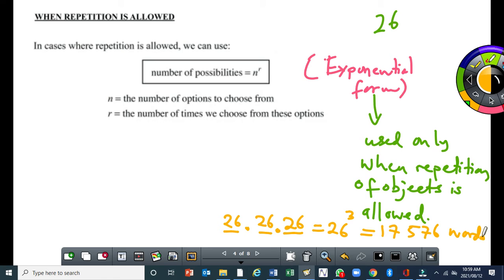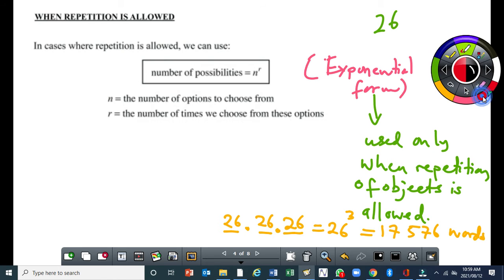So the exponential form that I'm talking about, I'm sure you can see it here. We use the exponential form if repetition of objects is allowed. Now, you get a different answer if the letters were not supposed to be repeated. Which means if there was no repetition, we have 26 here, then 25, then 24.